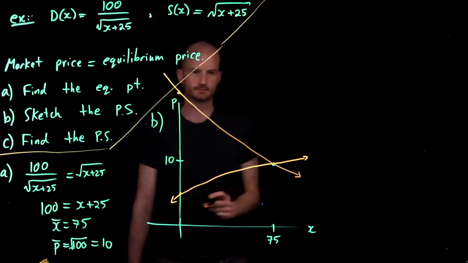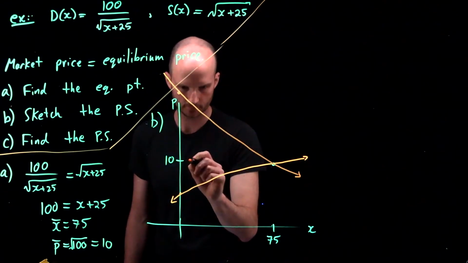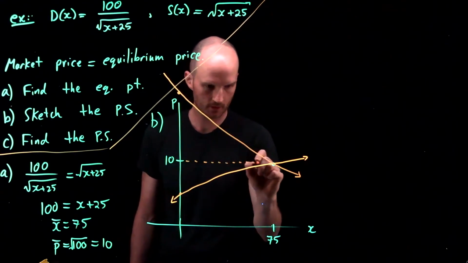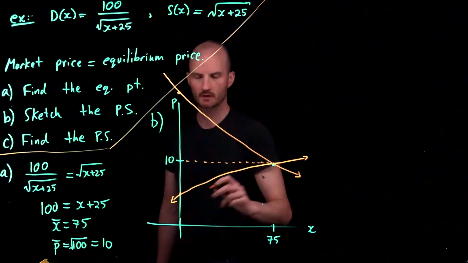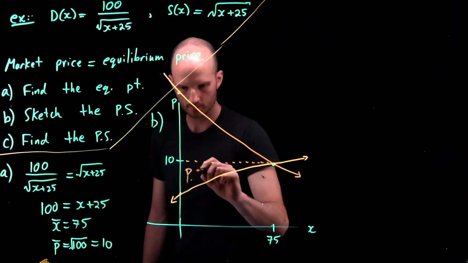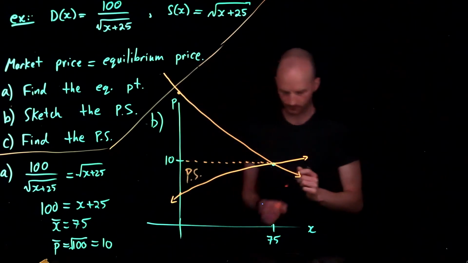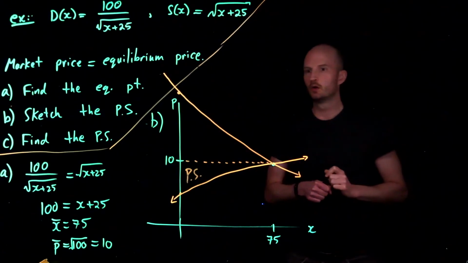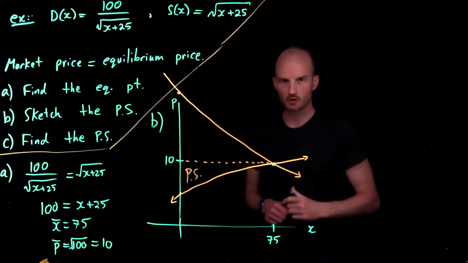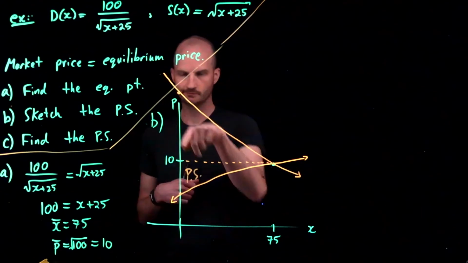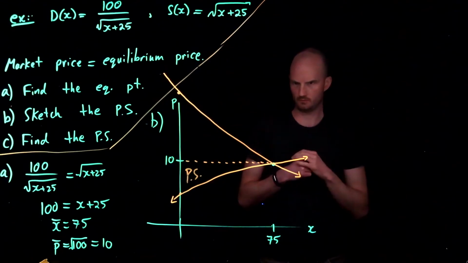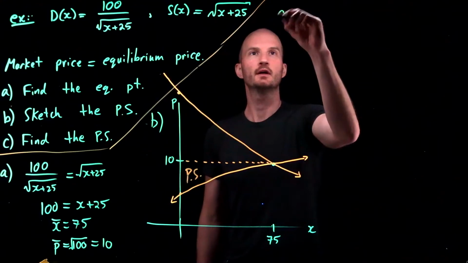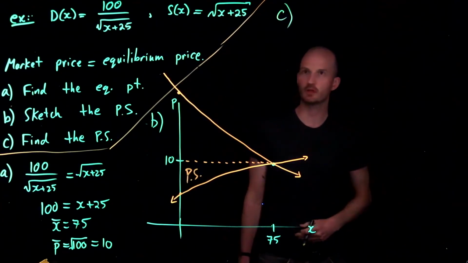Good. And there's our horizontal line, and the producer surplus is on the bottom here. Okay, these are curves, so there should be some curvature, and try to get these intercepts reasonable.